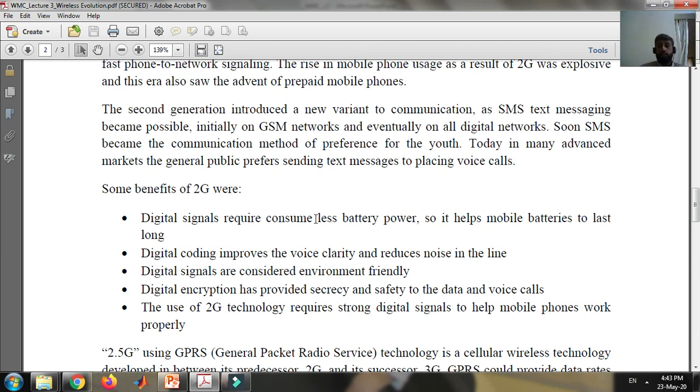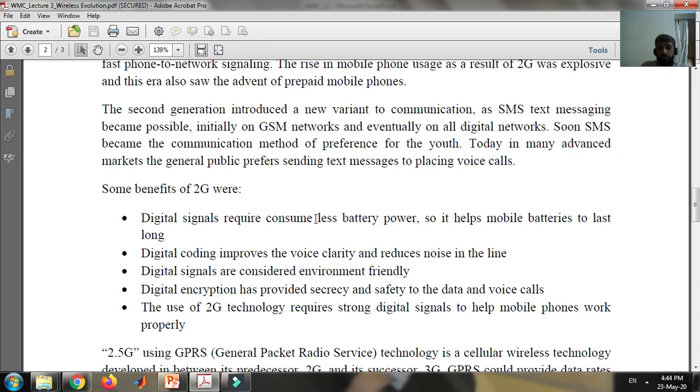Digital coding techniques improved the voice quality and also helped reduce the noise in the line. Digital signals are considered environmentally friendly, and secondly, it's much easier in digital systems to incorporate encryption. So those digital systems increased the security and safety of data and voice in those networks.